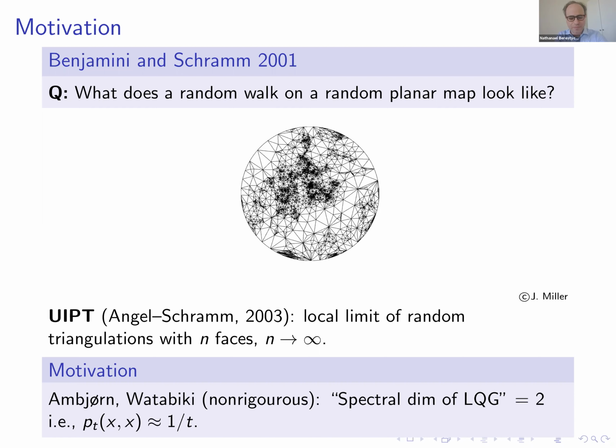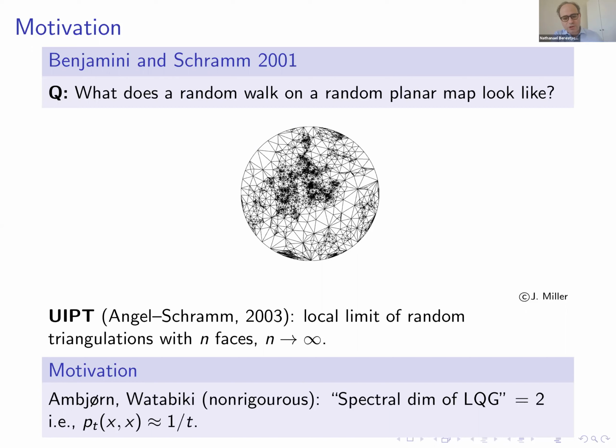and this is called the UIPT. Their motivation for considering this came from physics, in particular the non-rigorous work of Ambjørn and Watabiki, roughly around the same time, in the late 90s, which claimed, and I put this in quotation marks here, that the spectral dimension of Liouville quantum gravity was 2, almost surely.